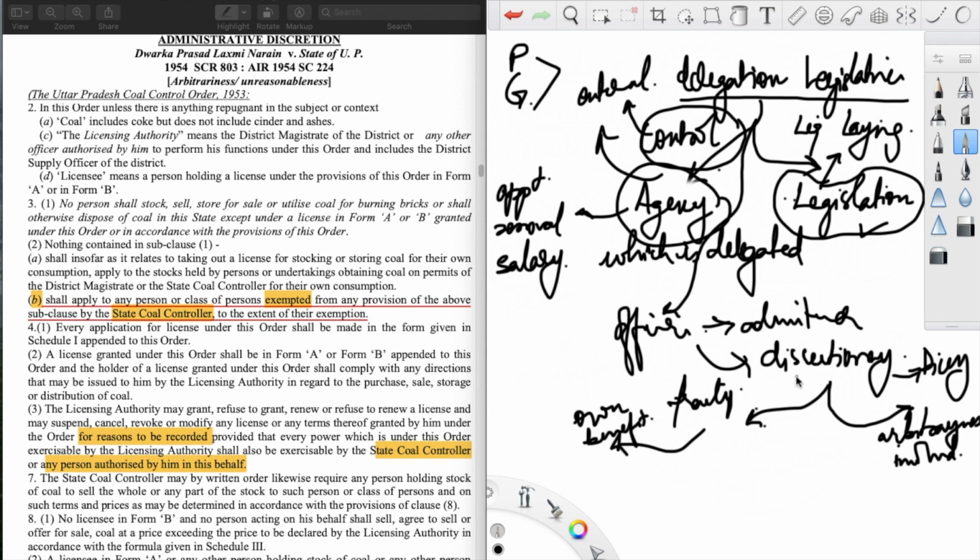However, the logic now prevailing is that such discretionary powers are not always arbitrary. If such discretions are applied reasonably, then those applications of mind can be differentiated from the arbitrary application of minds.